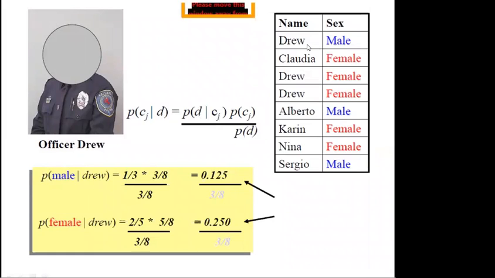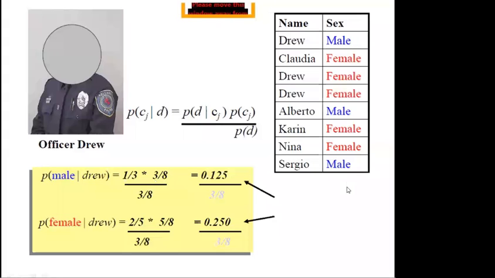Only 1 time. So three male cops are there, among them Drew is present only 1 time. So it is 1/3. Is it clear? This part, probability of Drew being male: three male cops are there, among them only once Drew is male. So 1/3, star, probability of cops being male.